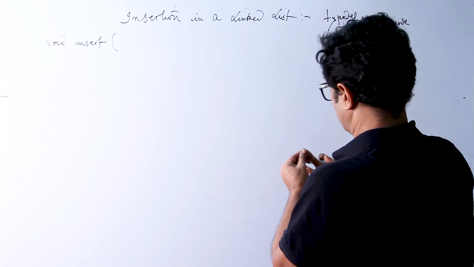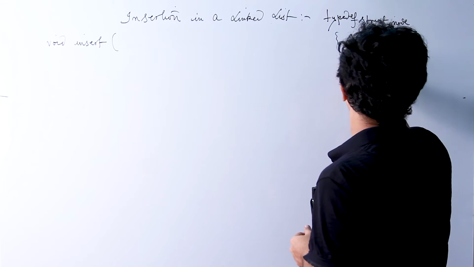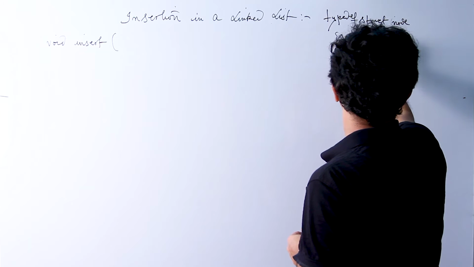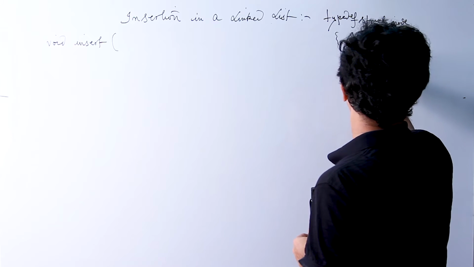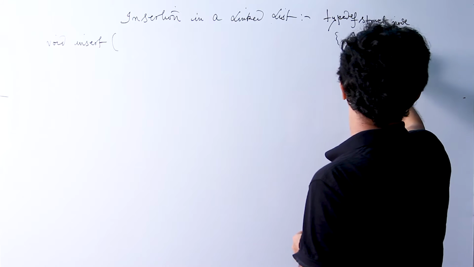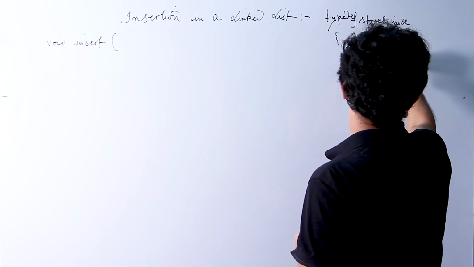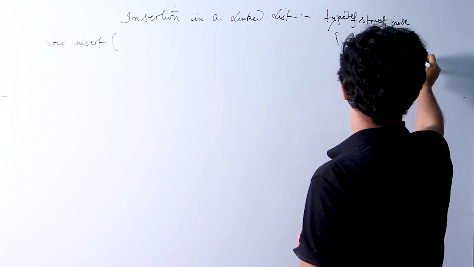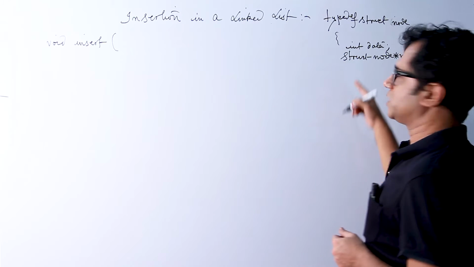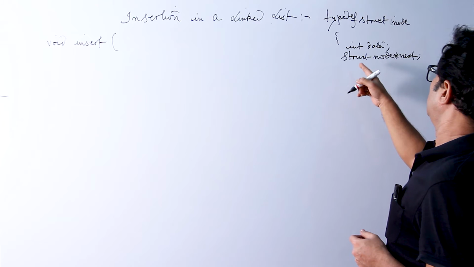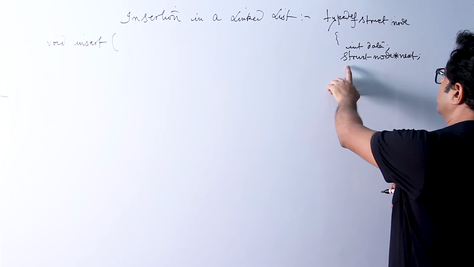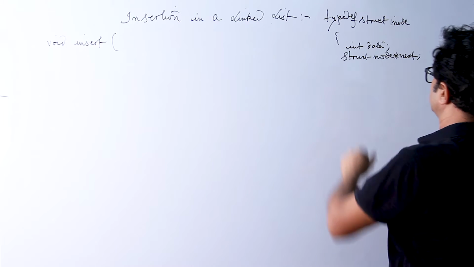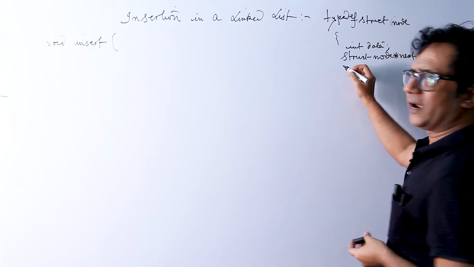typedef struct node, int data, and struct node star next. This structure definition has already been discussed in other videos related to the linked list, so you can refer to that structure declaration as well, but I am just going to remind you once again.